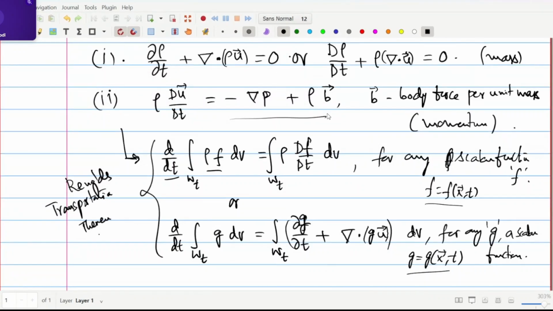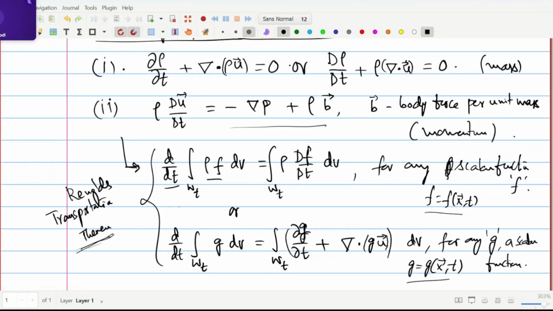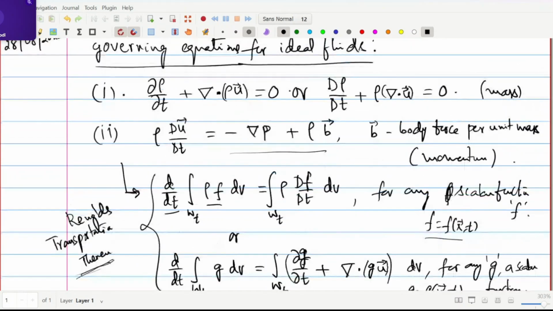This is mathematics. You derive it using the same proof for any F. The transportation theorem is entirely independent. Your governing equations are only 1 and 2. In the derivation of the momentum equation you use the transportation theorem. I could have written this first as the theorem, derived it, then used it to derive the momentum equation.